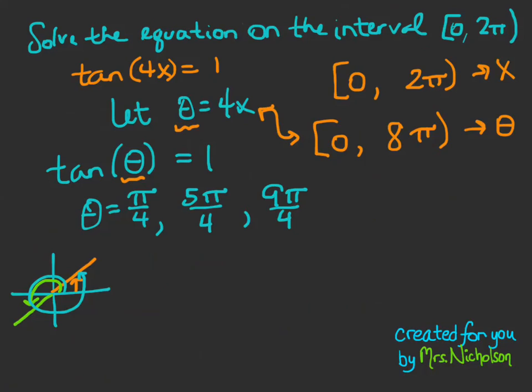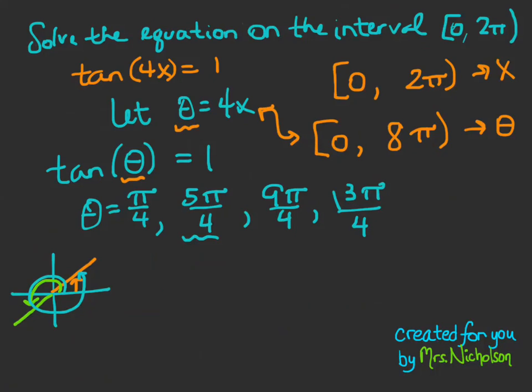I'm going to likewise add 2 pi to the 5 pi over 4. So 5 pi over 4 plus 2 pi would be 13 pi over 4.